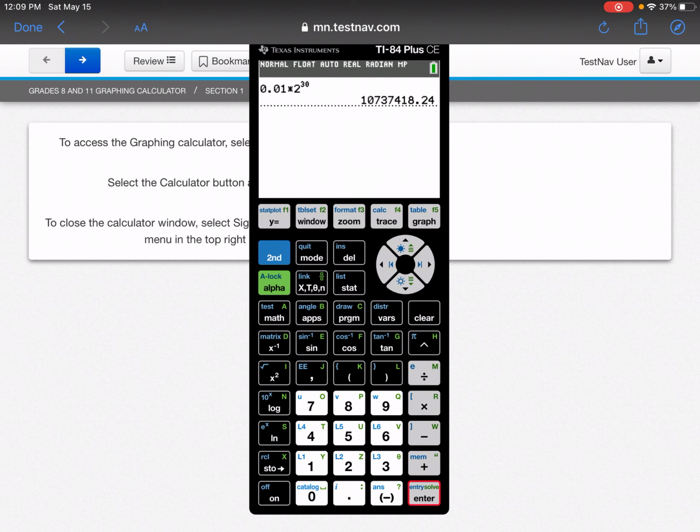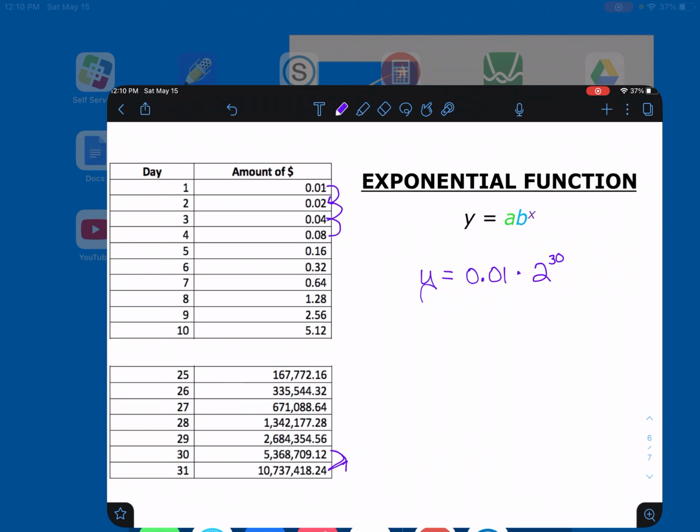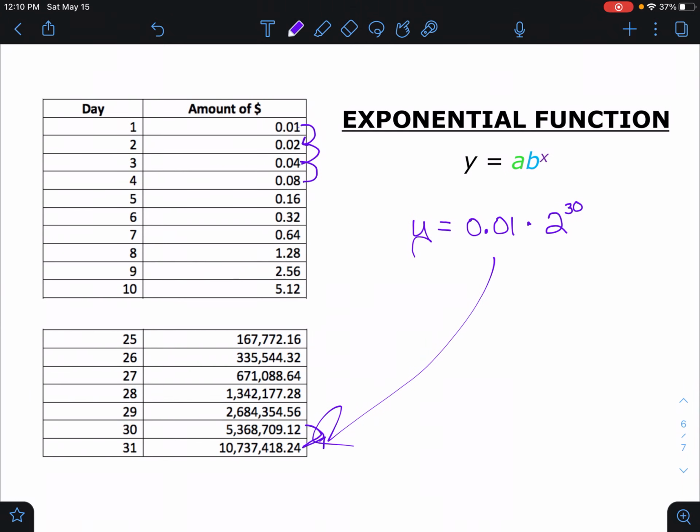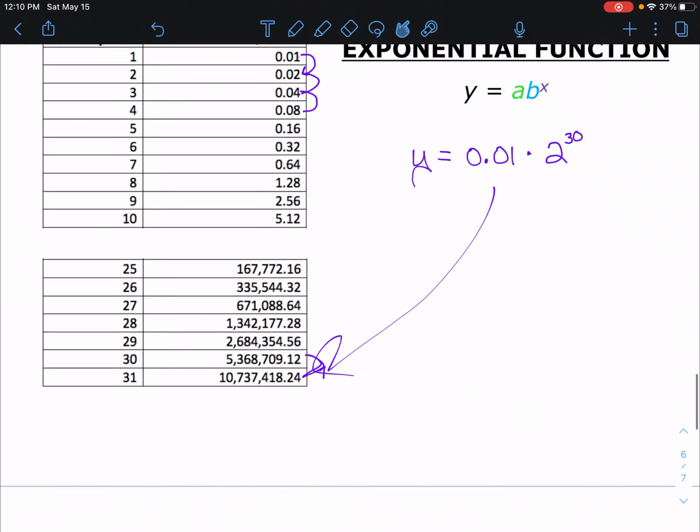Notice I get $10,737,418.24. That is how we could have done that a little bit faster. So this matches what I have down here. And so that is an exponential function, and you can see the power of those in the growth. Okay, well, that's it. Next time we'll talk a little bit more about how these functions work. All right.